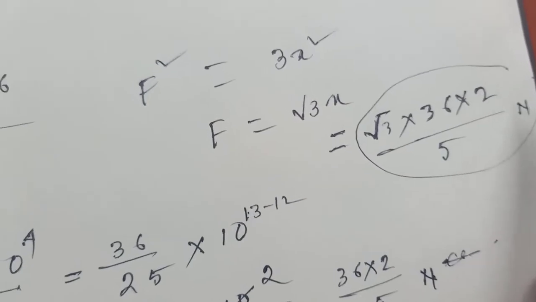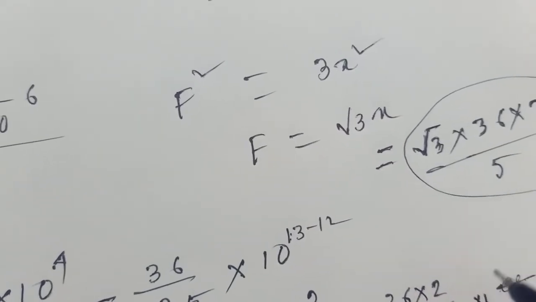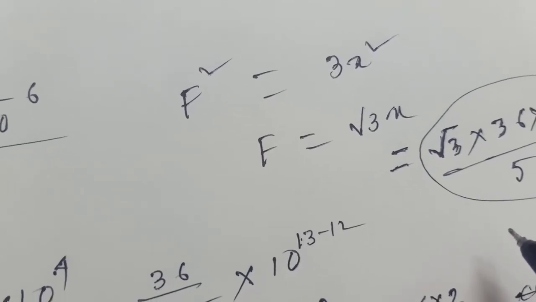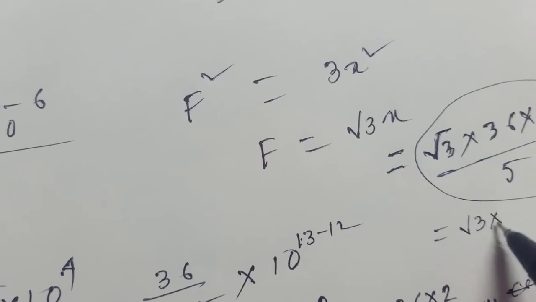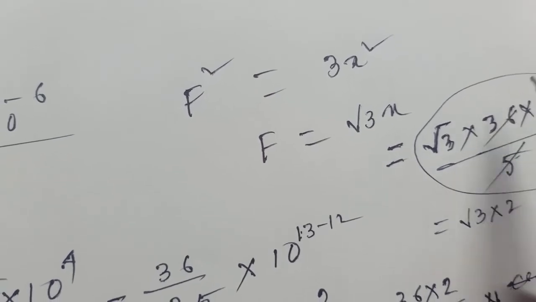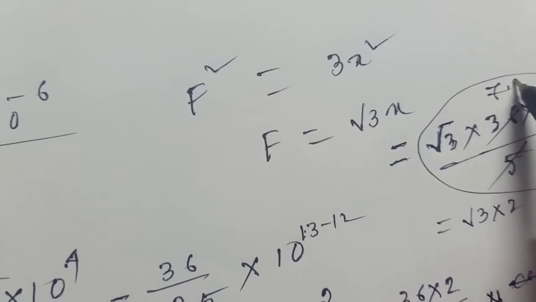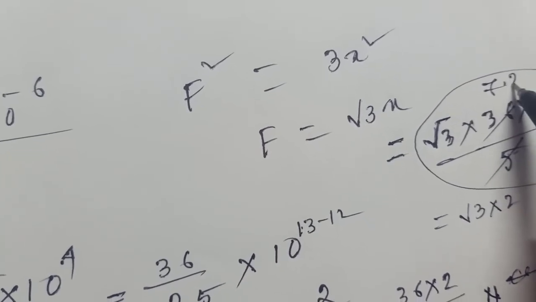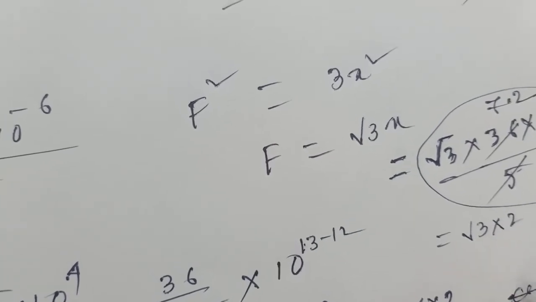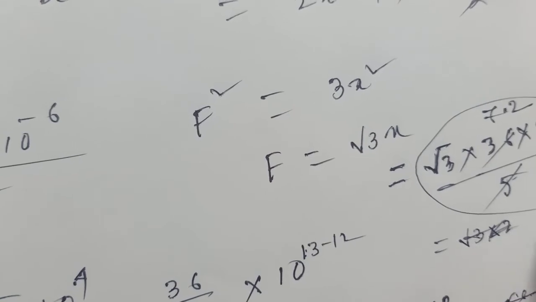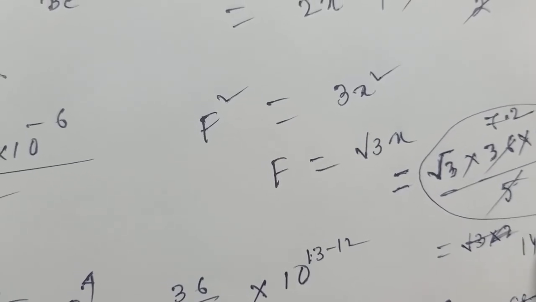So the magnitude of this force is root 3 into 36 into 2 by 5, and we can also multiply and simplify it. 35.2, so 2 2 is 4, 14.4 into root 3.